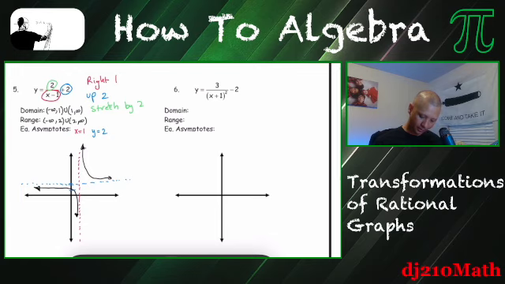All right. We're going to go left 1, down 2, stretch of 3. So left 1, down 2, put in the branches.